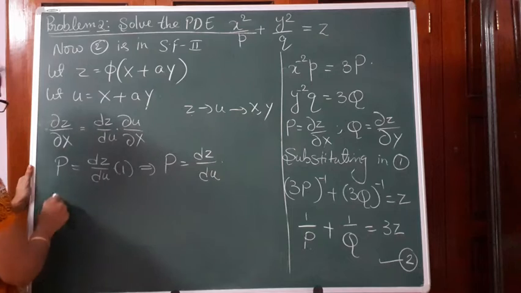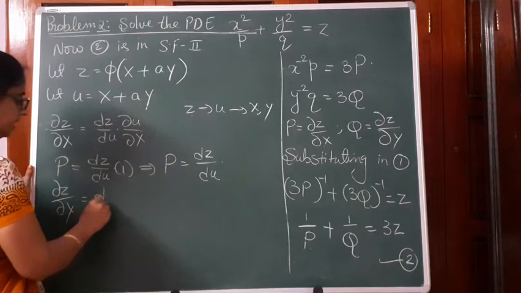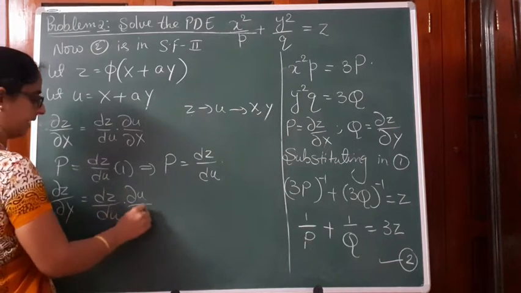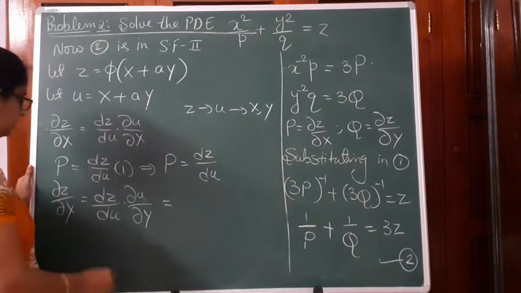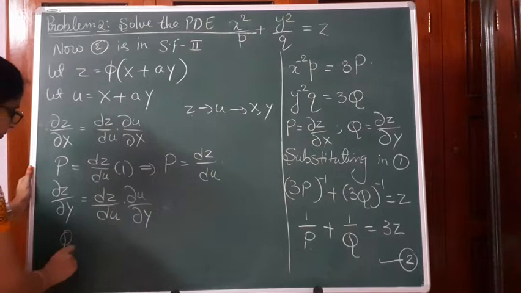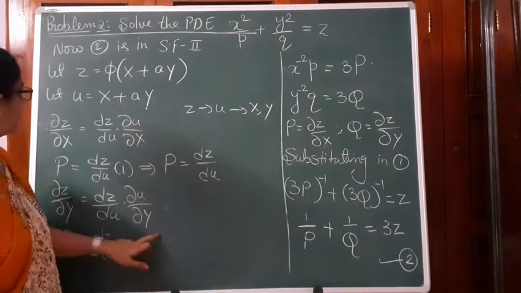Similarly, if we write dou z by dou capital Y, dou z by dou capital Y is equal to dz by du into dou u by dou Y. That means dou z by dou capital Y is Q, equal to dz by du into what is dou u by dou Y?